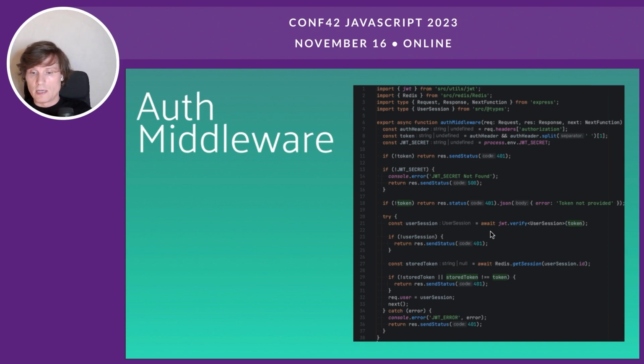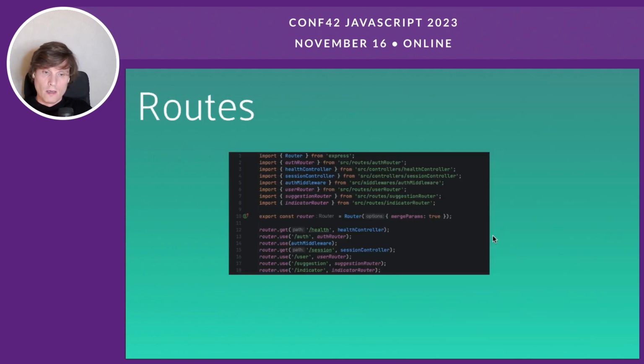So that means when we're using, for example, Postman, first of all we have to sign up, then we're gonna get the token, we have to use it as a bearer token, and then we can start using our endpoints in order to get our suggestions from AI. Here is the list of routes.